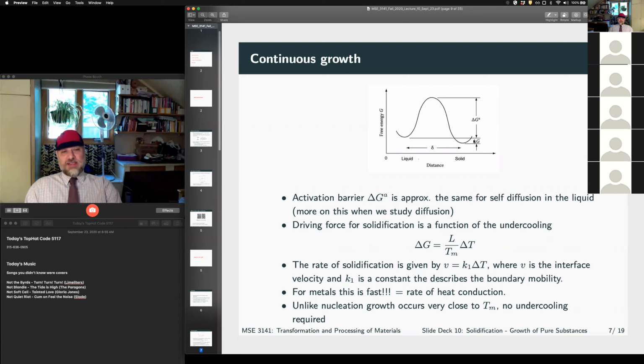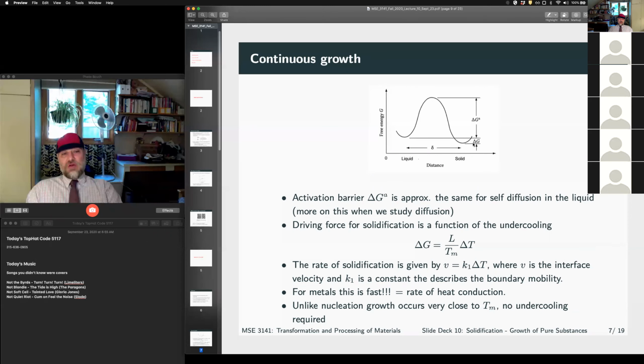And so why did I say this change is relatively small? Right? We just spent all this time talking about nucleation, where we said we need large undercoolings to nucleate, right? Well, that was the homogeneous case, right? Most of the time we're nucleating heterogeneously, where we need a much smaller undercooling. Therefore, the driving force for solidification is going to be less, right?